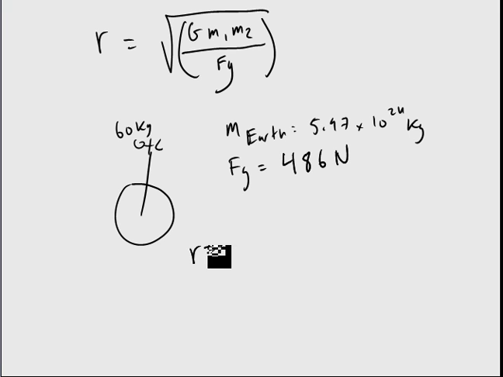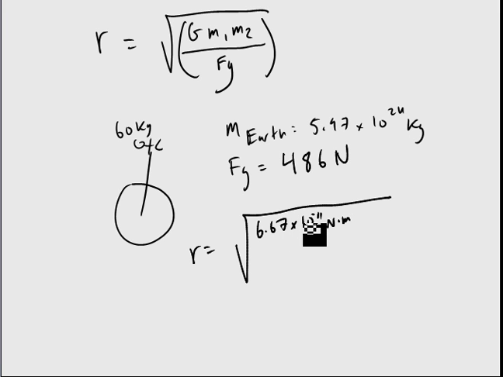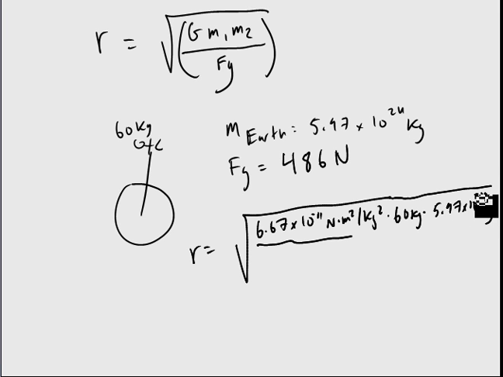Alright, so let's just set this up. We have r is equal to the square root of G times mass 1, that can be you, times mass 2, which can be the Earth, all of that divided by your force.